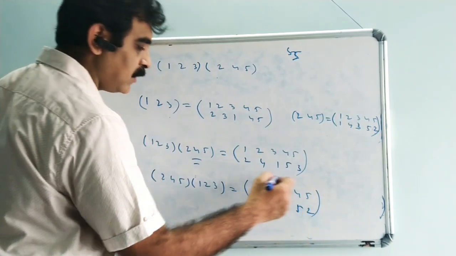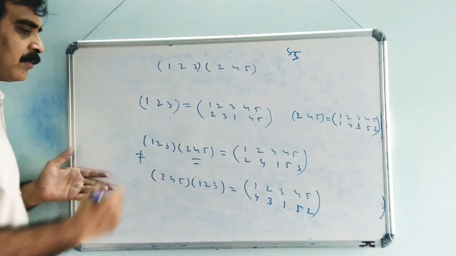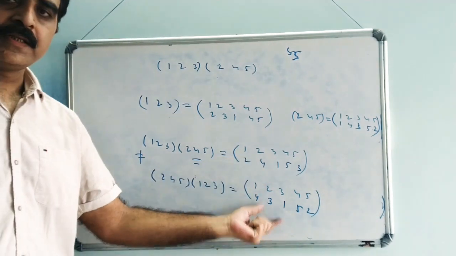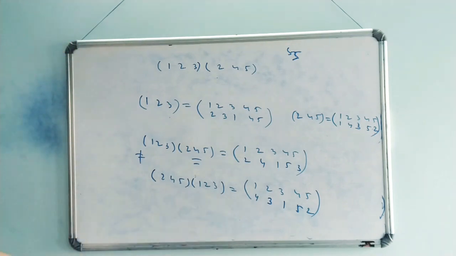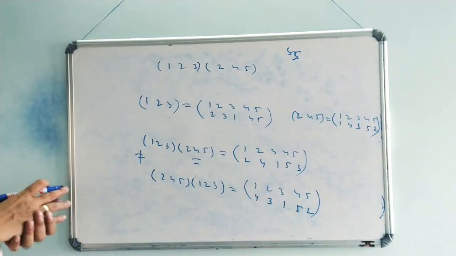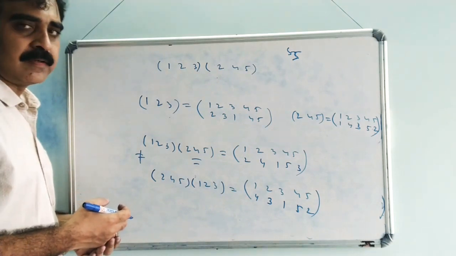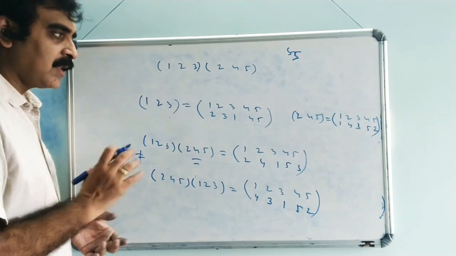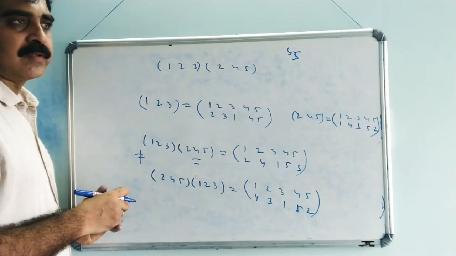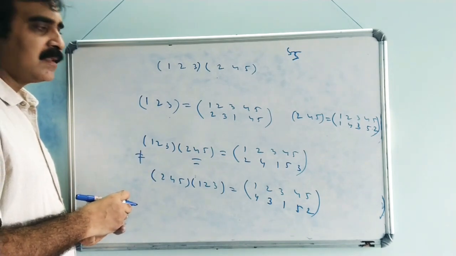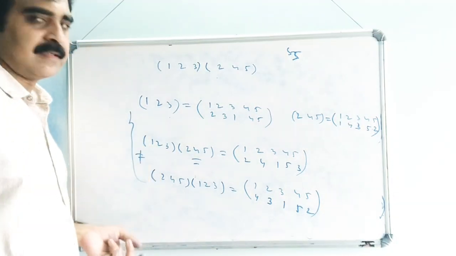It is obvious that these are not equal. Therefore, we can say that the product of non-disjoint cycles may not commute. But the product of disjoint cycles always commutes. Just keep in mind this result.